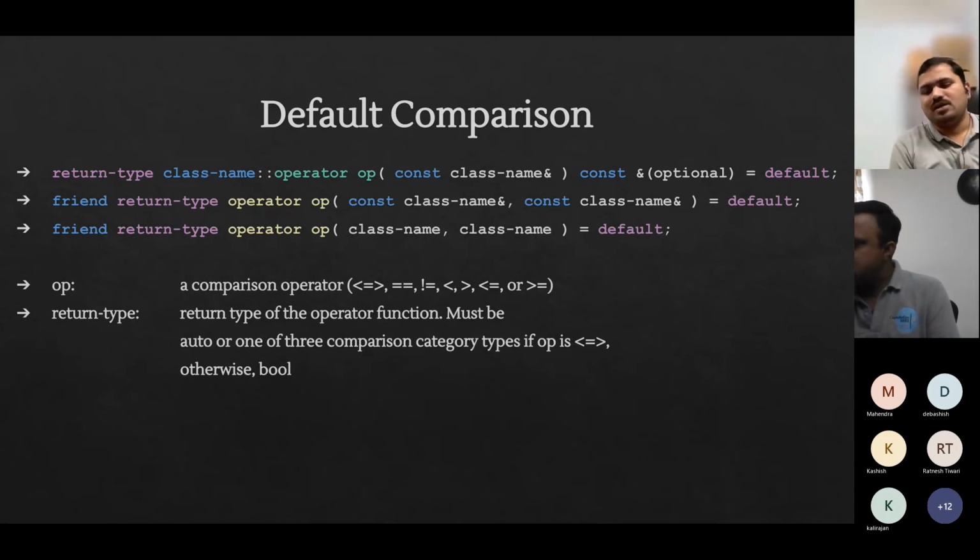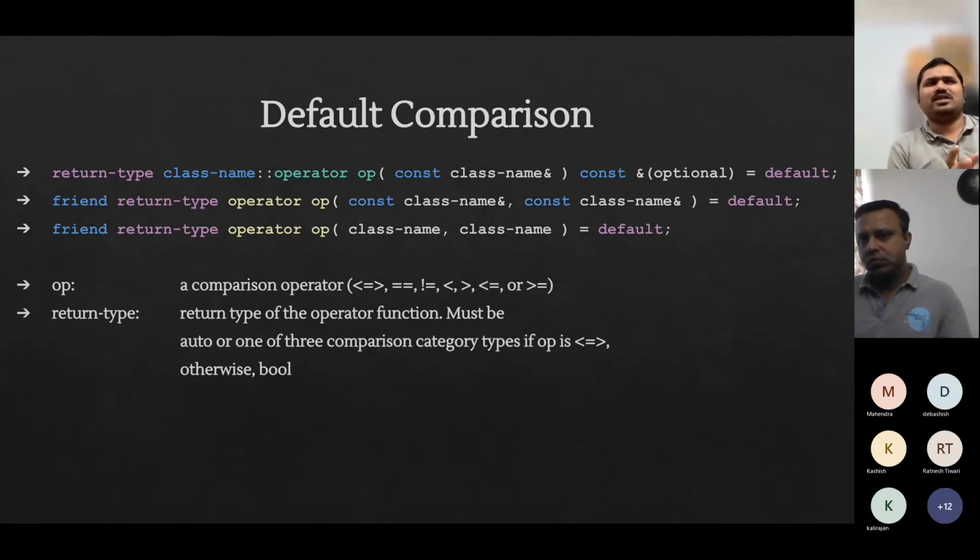For example, if you have inheritance, then all the base class members also get compared. If you have multiple inheritance, then again the comparison is done in the declaration order of the inheritance. If you have a diamond problem, it is unspecified whether the comparison operator for the top base class will be executed more than once or only once. So this is how it works.